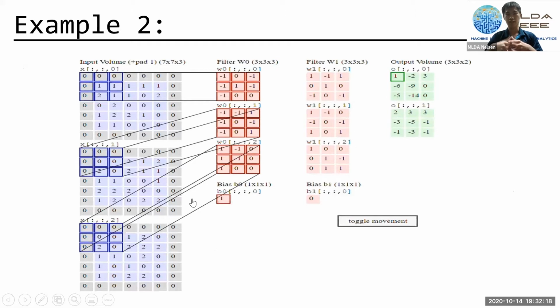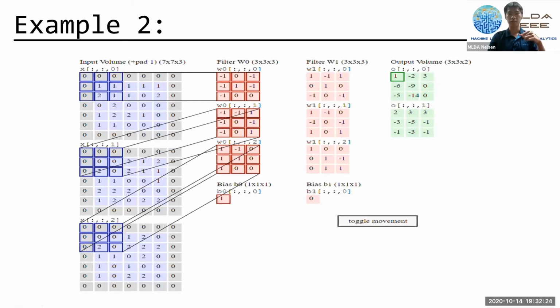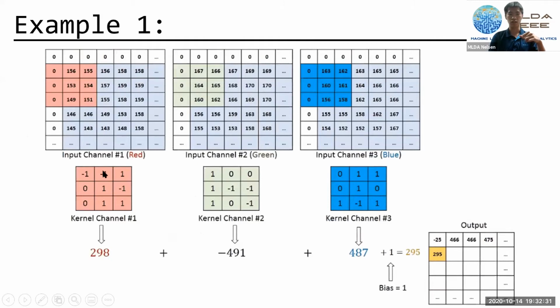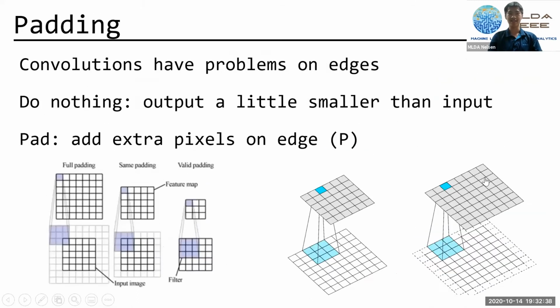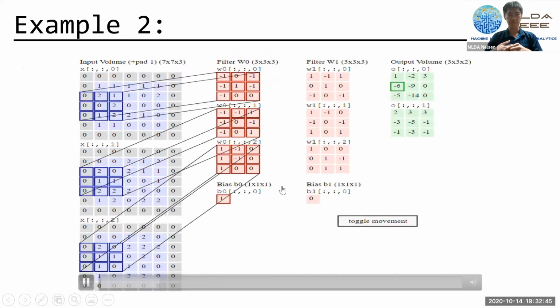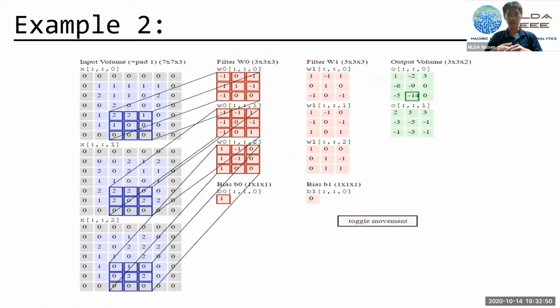In the first example I've been showing you, there has always been one type of filter. Remember that I mentioned the number of kernels or number of filters. In this example, there's only one filter and each filter has 3 different channels. So what if we have, let's say, 2 filters? This is the example if we have 2 filters.